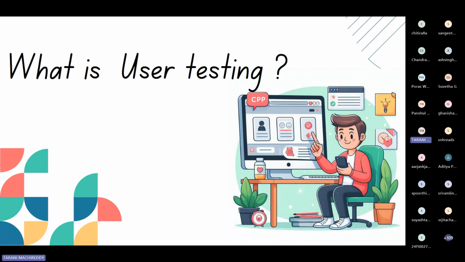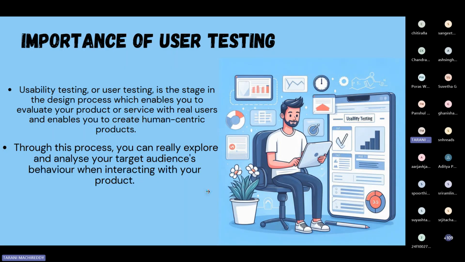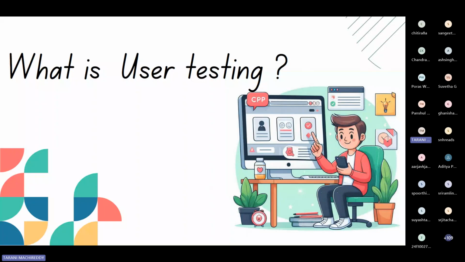I got some replies about what is user testing. So let's discuss. User testing, as you all told, is testing the product with actual users. User testing is also known as usability testing.